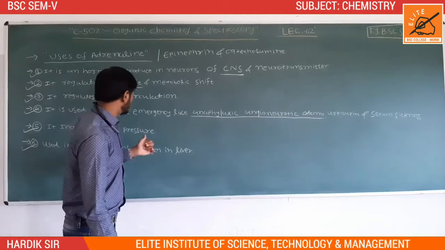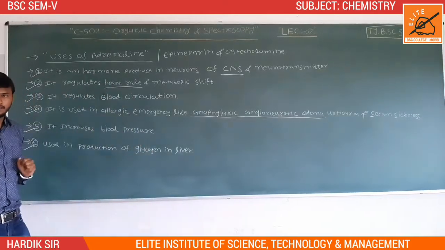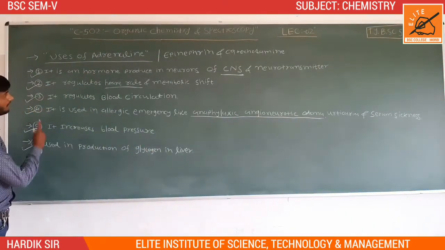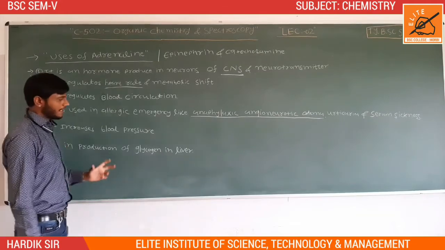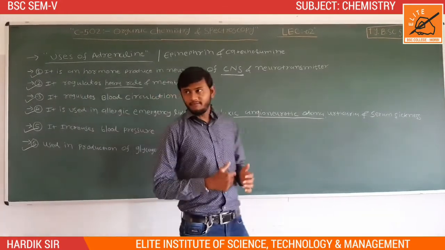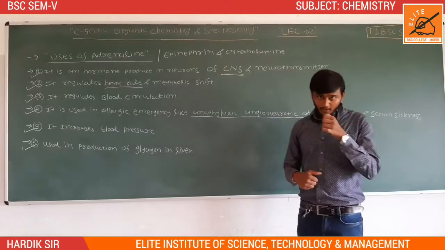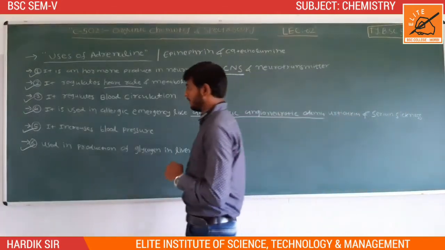High BP and low BP patients also use the adrenaline drug. And the final use of adrenaline is in the production of glycogen in the liver.